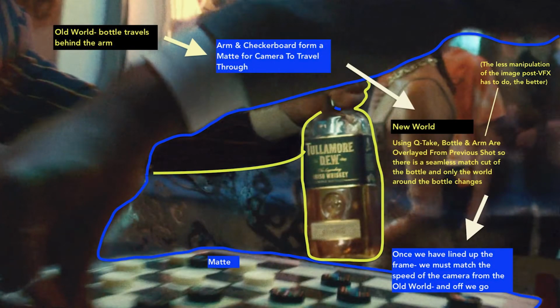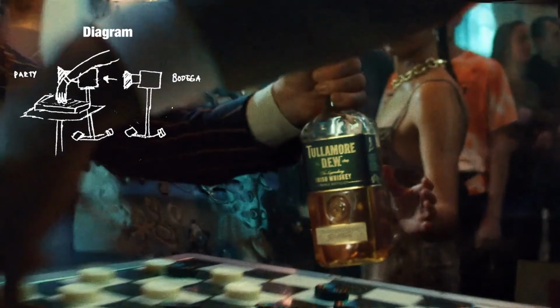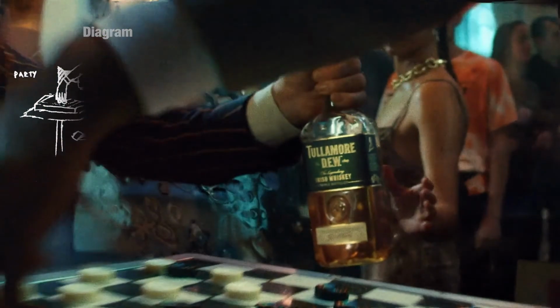And then we come to the party, and we basically overlay this footage so that we can find the bottle is coming from the same position. Little things like that. There are actually transitions later in the film where we tried doing things in reverse, but it didn't look right when we did playback on set.